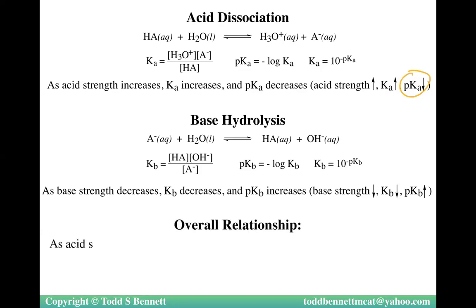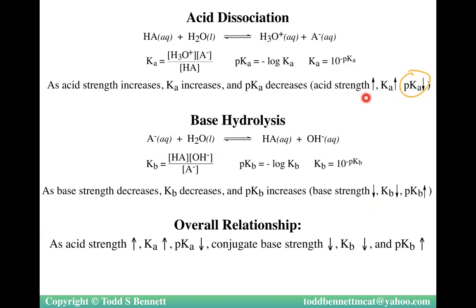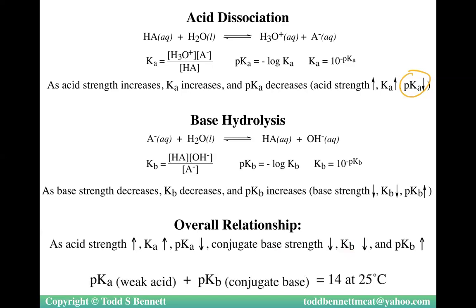So overall relationship, we're just going to add this part to this part. Acid goes up, Ka goes up, pKa goes down. Conjugate base strength goes down, Kb goes down, pKb goes up. So if you know one of these, you know the other five automatically. You just have to remember them. And then again, pKa plus pKb for a conjugate pair equals 14 at 25 degrees.